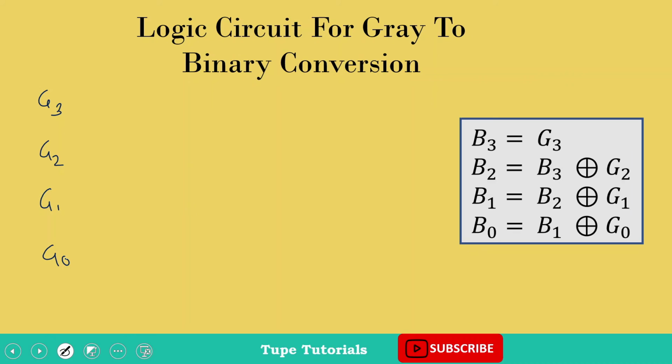Basically these are my inputs. Now understand, B3 will be equal to G3. So this is my B3. Now for B2 we need B3 and G2. So this is G2, and I have to XOR it with B3.